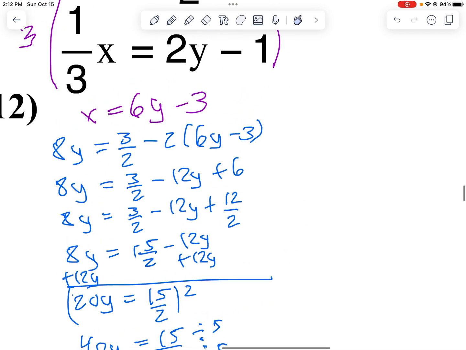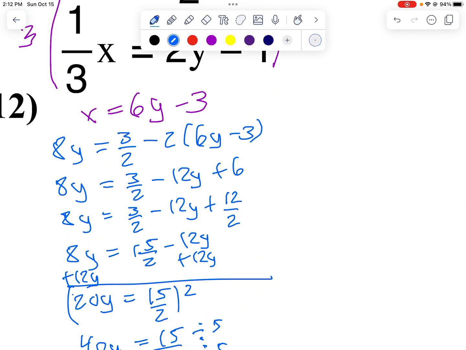Now let's go back and let's find x. And x equals 6y minus 3. So let's go ahead and do that one. So we're going to go 6 times, we said, y is 3/8 minus 3. Well, 6 and 8 don't reduce, but notice 2 goes into both of them. So 6 divided by 2 is 3. 8 divided by 2 is 4.